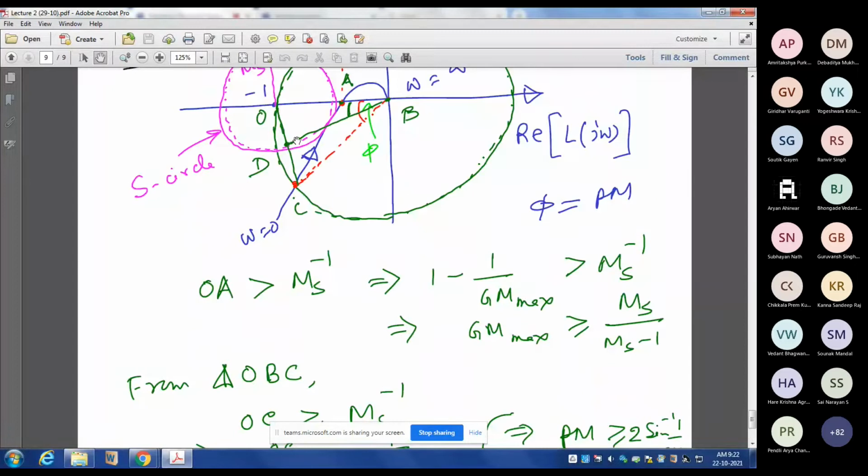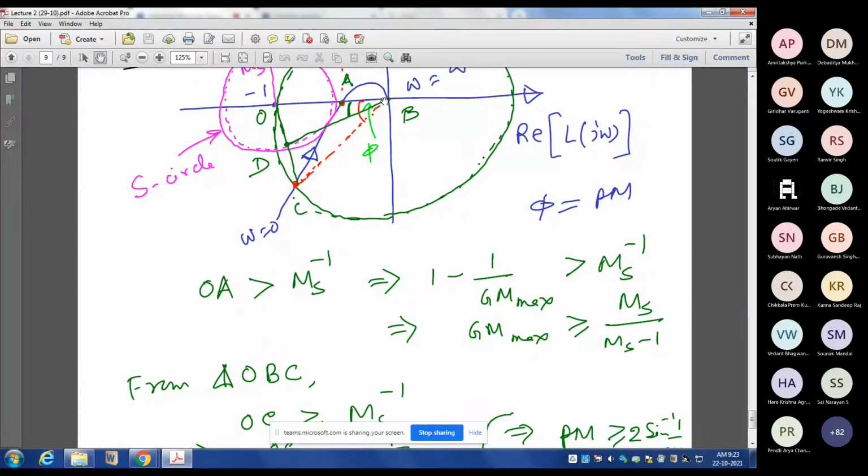Now what is this angle? This is 90 degrees. What is OD? OD by OB is equal to sine of phi by 2. OD divided by OB, with OB equal to 1, the unit circle.